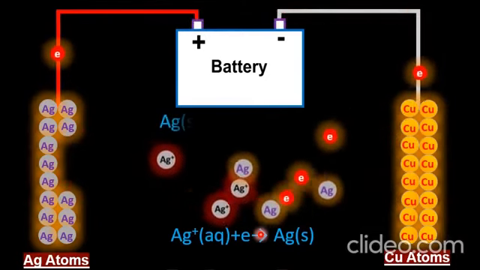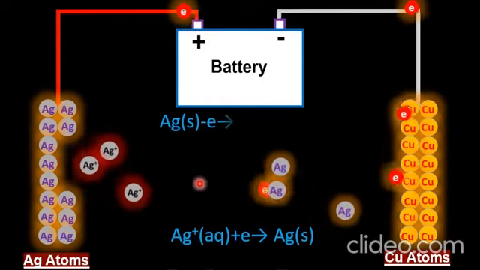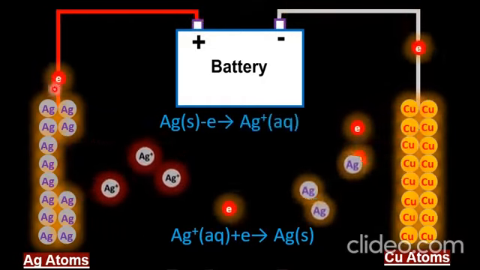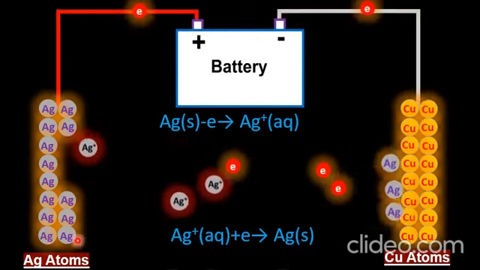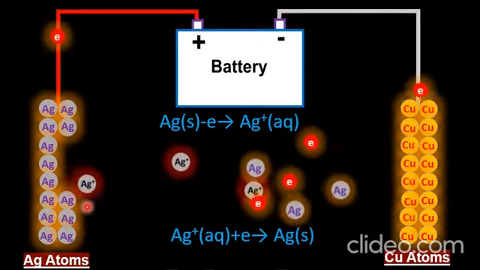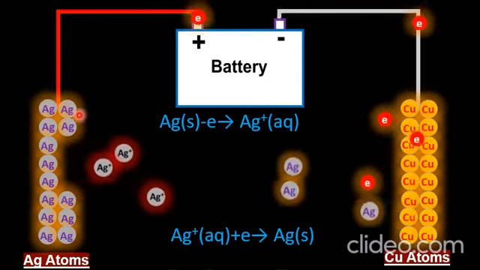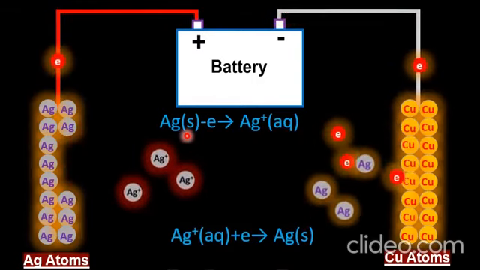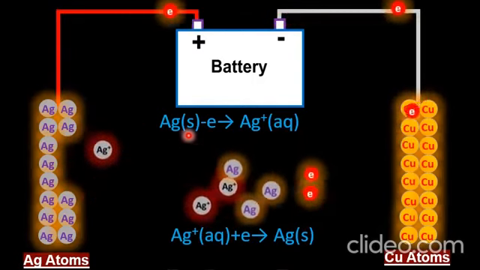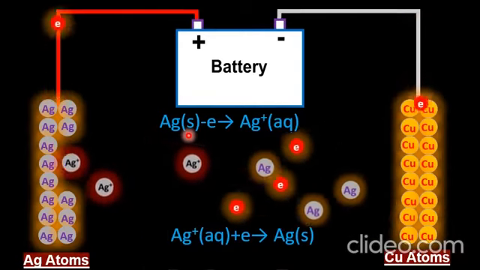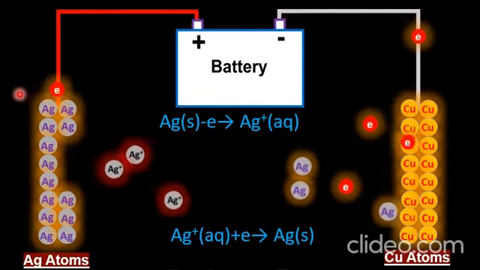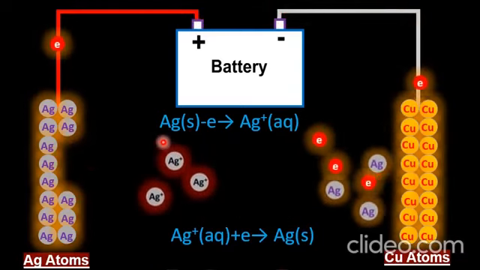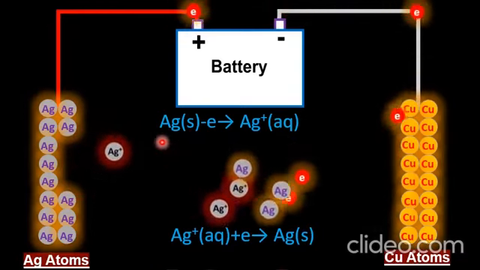Now we are going to write the oxidation reaction which takes place at the silver plate side. Student, please note that the oxidation reaction is a little bit trickier. So on the piece of silver we start with a neutral silver atom. What is the physical condition of these neutral silver atoms?